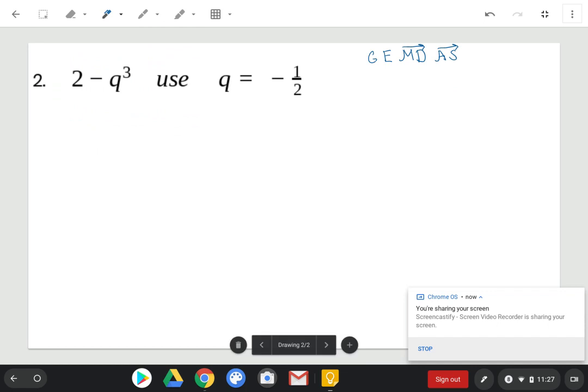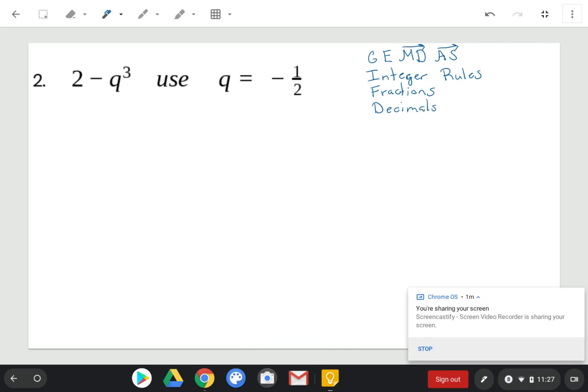In addition to that, we have to remember our integer rules. Now, our integer rules tell us how to work with positive and negative numbers. In addition to that, guys, we need to remember how to work with fractions, and we need to remember how to work with decimals.